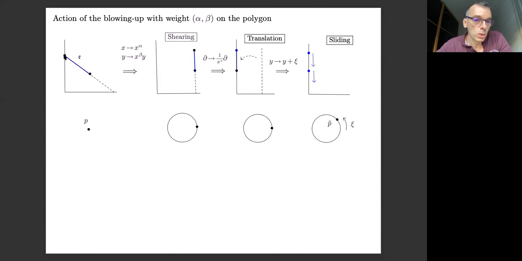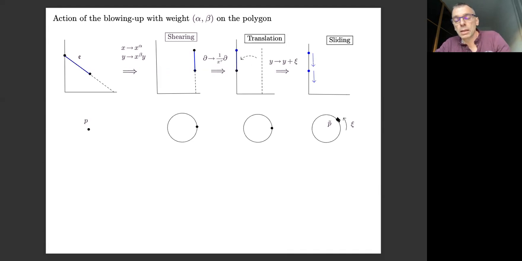So the idea is that if the initial form that you get by restricting, let's say, the support of the expansion to this main edge is given by a complete quasi-homogeneous form, then this blowing up, which corresponds, as I said, to a combinatorial transformation on the Newton polygon, is followed in the last step by such a sliding, let's say, a translation, which allows you to consider each point on the divisor.